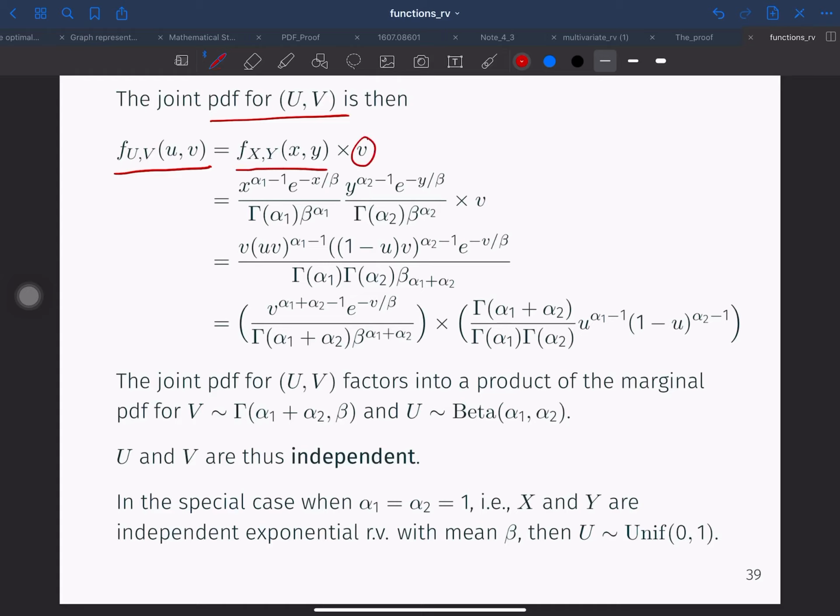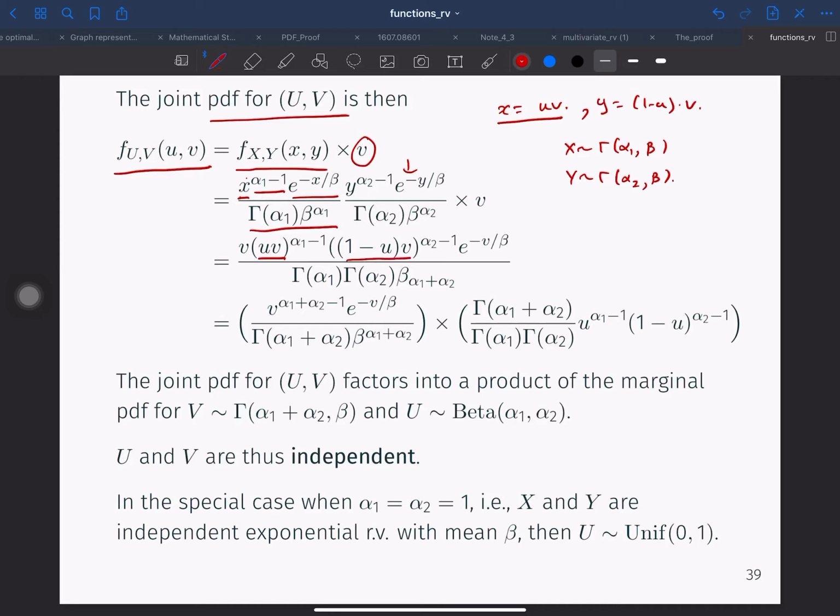Now all we have to do is, as we say, X is UV. So we have the PDF for X, x to the alpha 1 minus 1, e to the minus x over beta. This is the marginal PDF for X belonging to gamma(alpha 1, beta). And this is the marginal PDF for Y, gamma(alpha 2, beta). Using the fact that X is UV and Y is (1 minus U) times V, you can replace them.